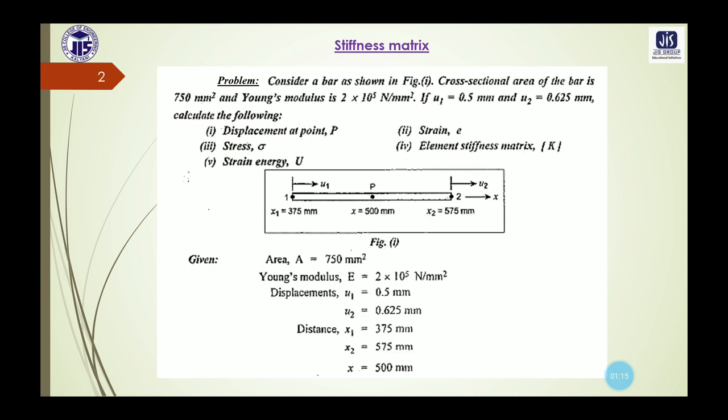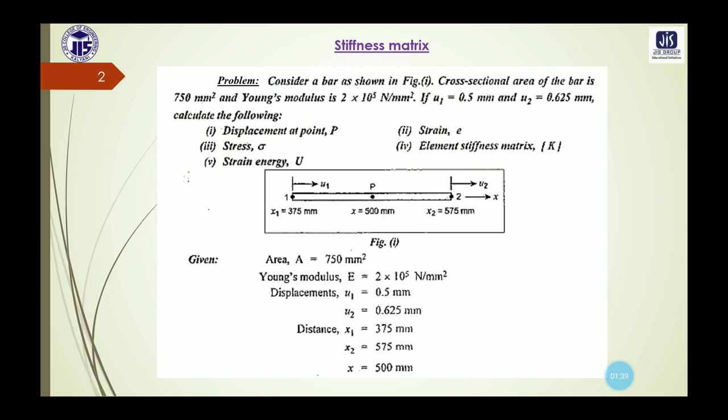So what is given here is that we need to consider a bar which is shown in this diagram, and the cross-sectional area of the bar is given as 750 millimeter square, and Young's modulus is 2 into 10 to the power 5 Newton per millimeter square.